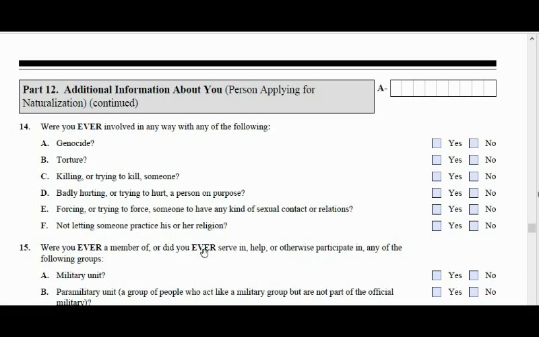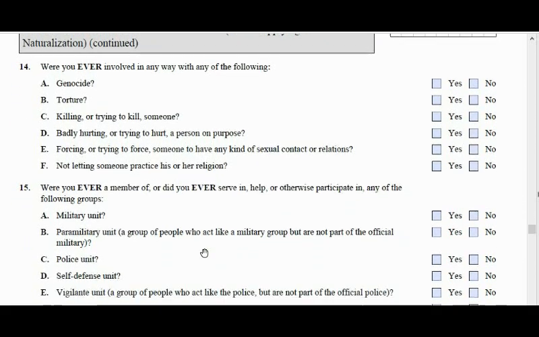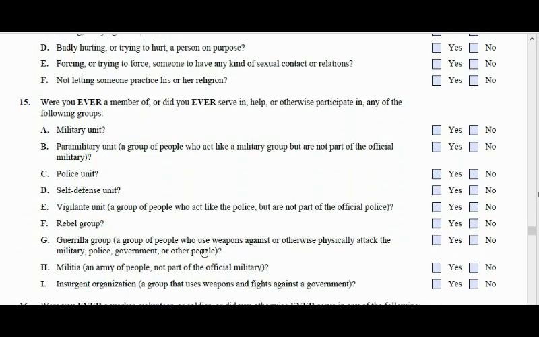Okay. On 15, have you ever been a member or did you ever serve in, help, or otherwise participate in any of the following groups: military unit, paramilitary unit, police unit, self-defense unit, divisional unit, rebel group, guerrilla group, militia, insurgent organization.